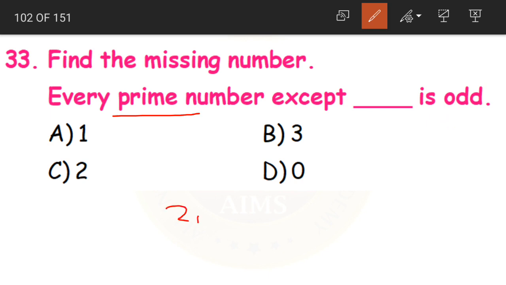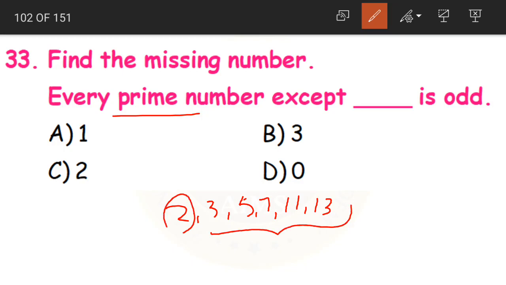So what are the prime numbers? 2, 3, 5, 7, 11, 13, and so on. All these are odd numbers except for 2. 2 is the only even number that is prime.